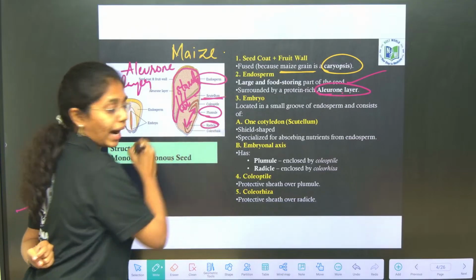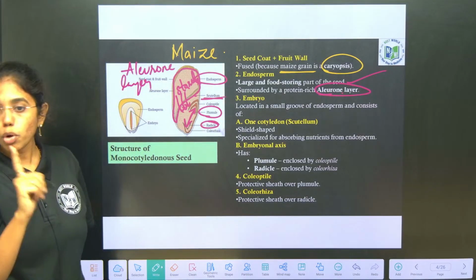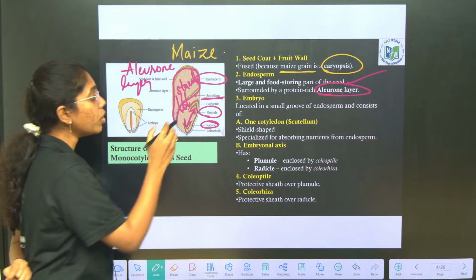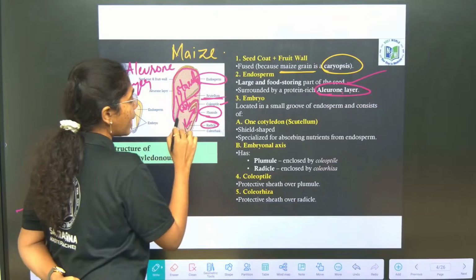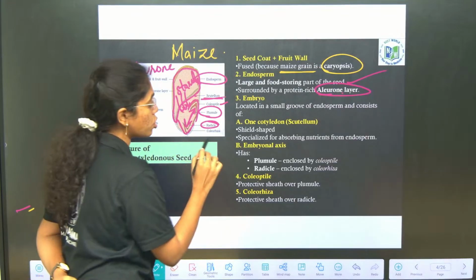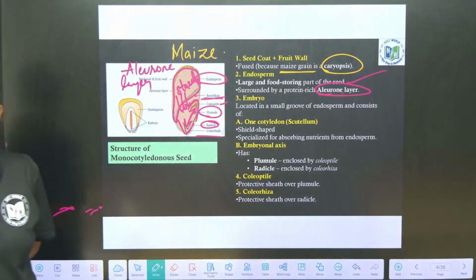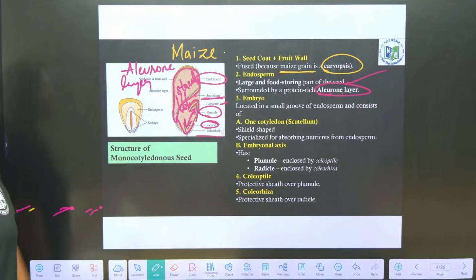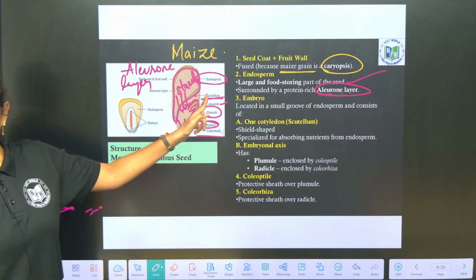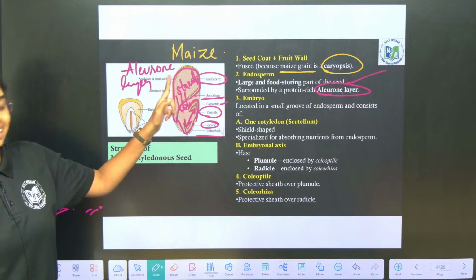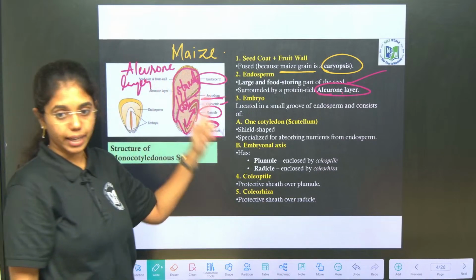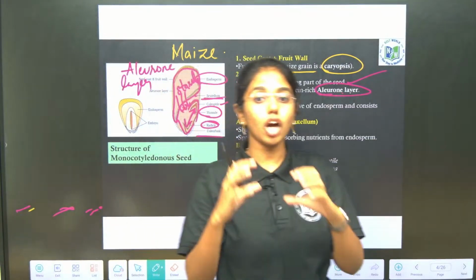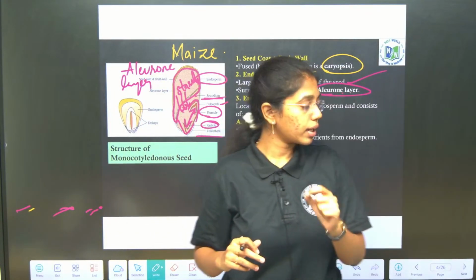Only in monocot seeds, remember, the plumule has a covering sheet over it called the coleoptile, and the radicle has a covering sheet over it called the coleorhiza. Understood? Most monocot seeds have starchy endosperm covered by the protein-rich aleurone layer, and they don't have fleshy cotyledons, but a papery cotyledon.